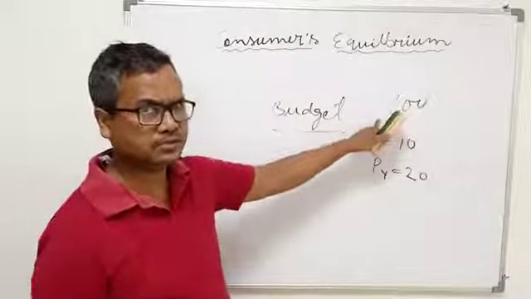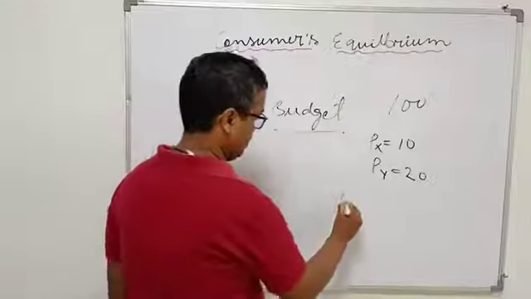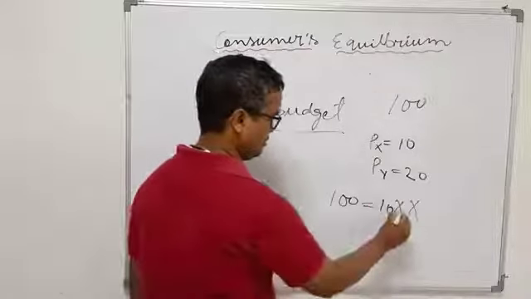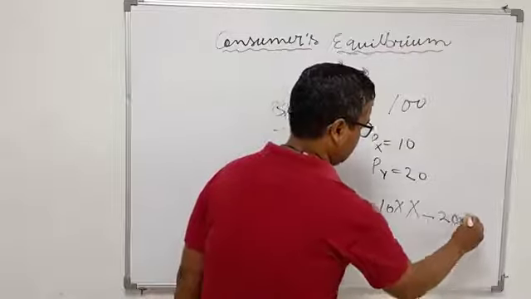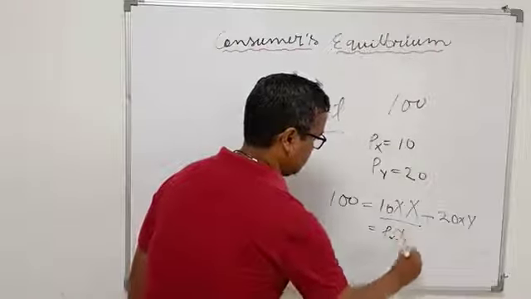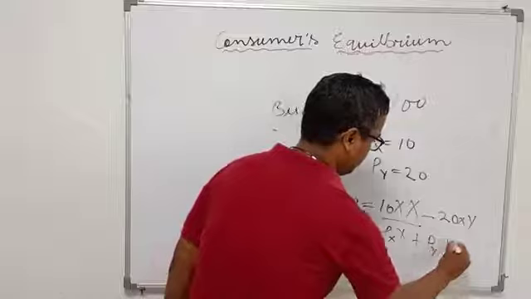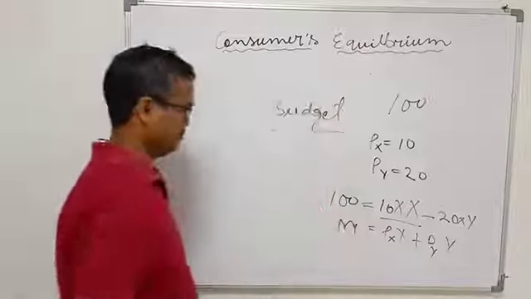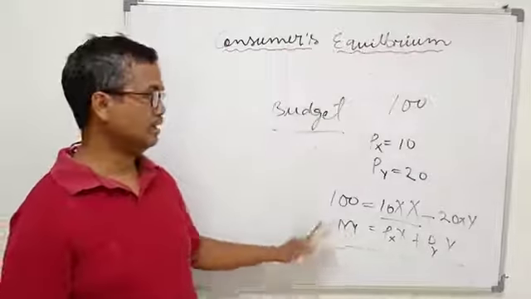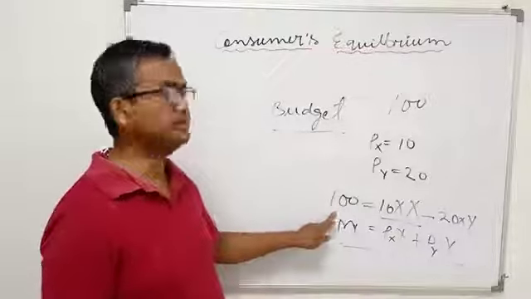Now you have to allocate your 100 rupees while purchasing X and Y. How much X and how much Y can you purchase? Exactly, this is your total budget: 10 into X plus 20 into Y. Using variables, we can write Px into X plus Py into Y, where Px is the price of X and Py is the price of Y. This equation shows how to allocate your 100 rupees while purchasing X and Y.